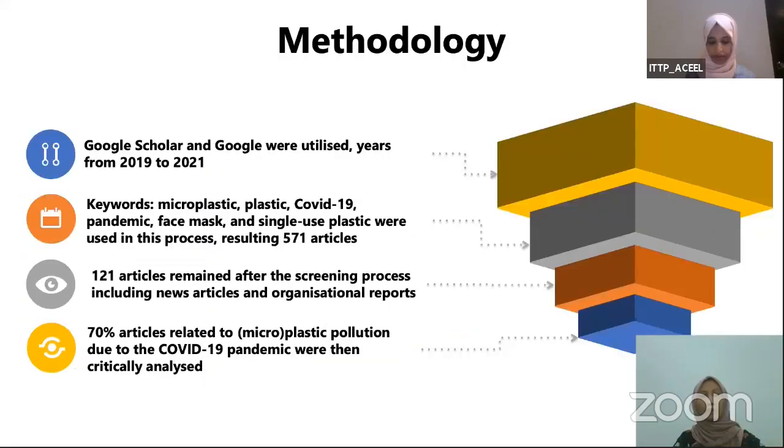For the methodology, the initial step to present the issues of microplastic due to the COVID-19 pandemic was analyzing the related papers and connecting any identified relationship between microplastic and the COVID-19 pandemic. Search engines including Google Scholar and Google were utilized, limiting years from 2019 to 2021, and keywords such as microplastic, plastic, COVID-19, pandemic, face masks, and single-use plastic were used in this process, resulting in the identification of 571 articles.